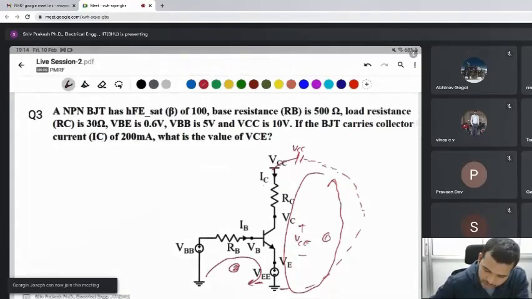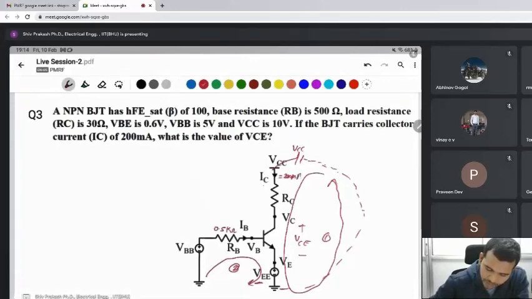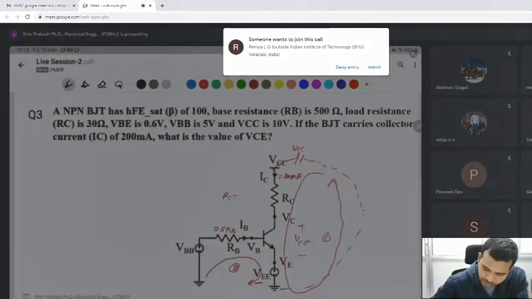RB is given, I write here 0.5 kilo ohm, IC given 200 milliampere, RC given 30 ohm, 0.03 kilo ohm. You can write it like that.